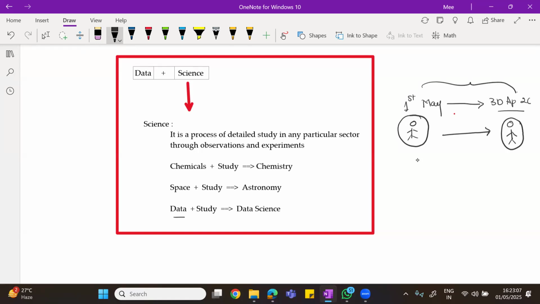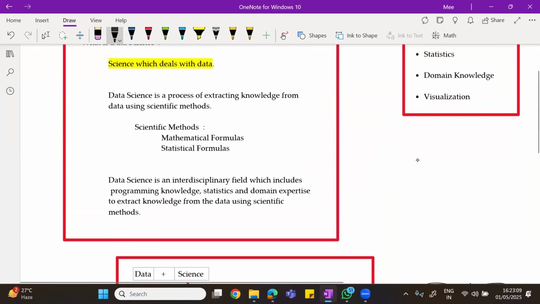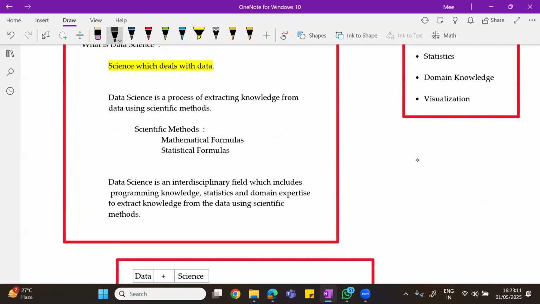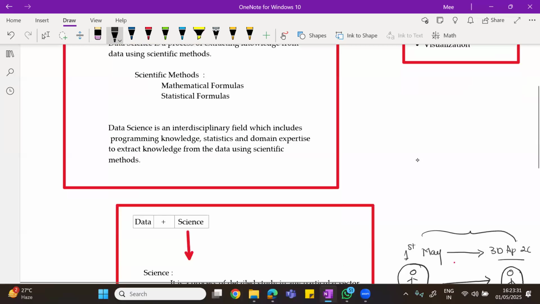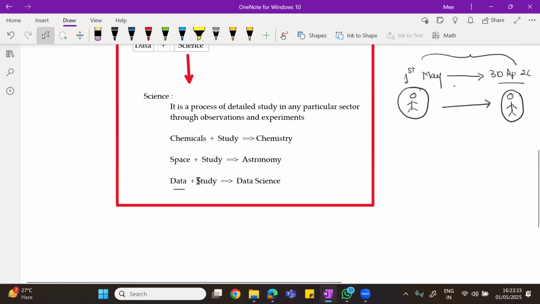Now, that is what I said over here: data science is a process of extracting knowledge from the data using scientific methods. Right? It is using scientific methods. This is what is called data science. Now we are extracting the knowledge from the data.